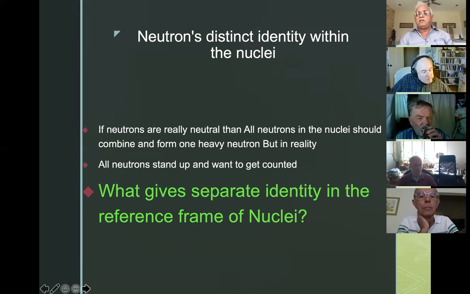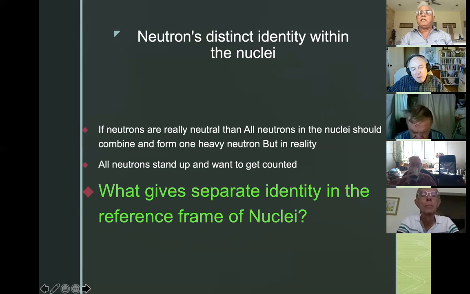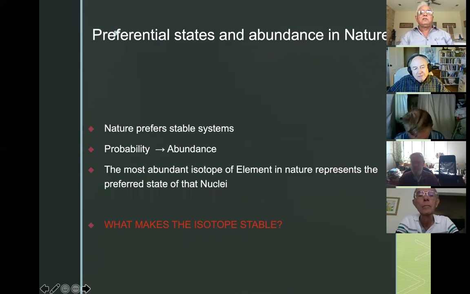Now recently, there are some experiments being conceived where they want to find the electric dipole moment of the neutron, and I think that's being done at CERN.